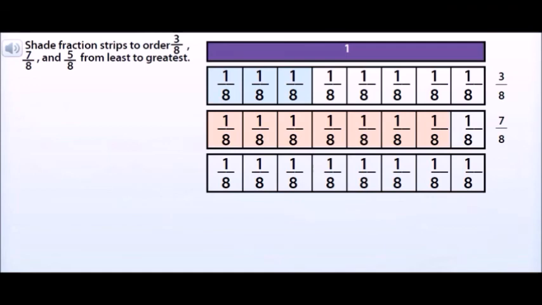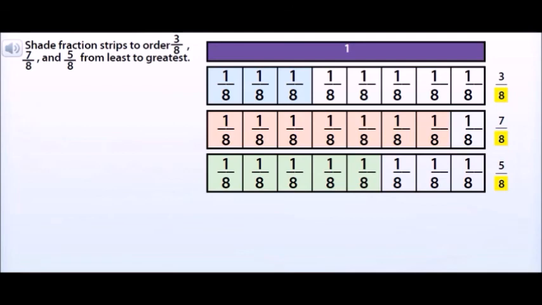Let's shade the last strip to show 5/8. The denominators are the same. So what can we say about the size of the pieces? The size of the pieces is the same.